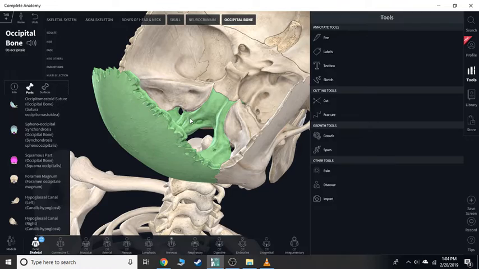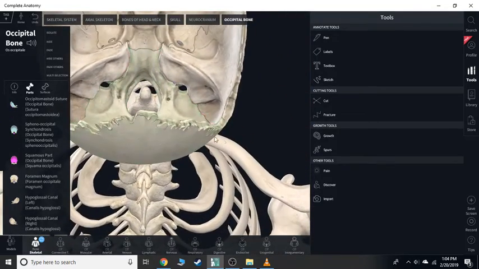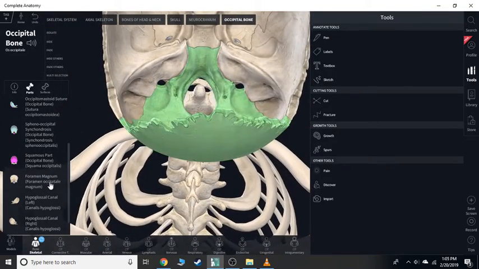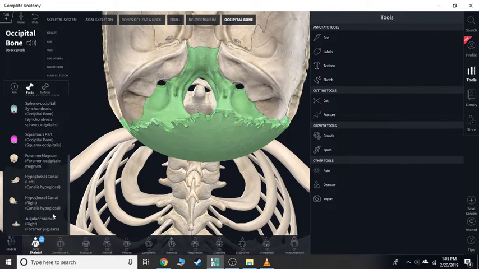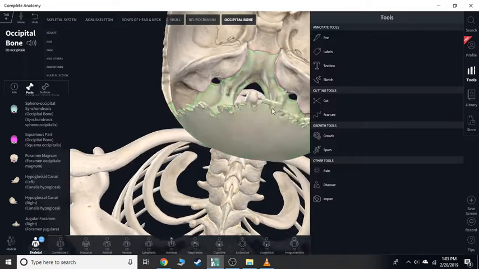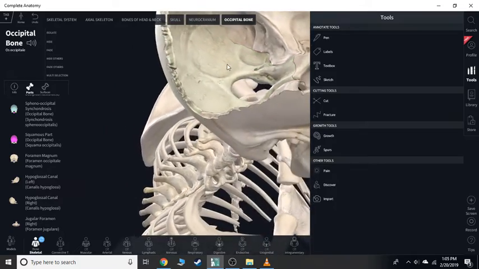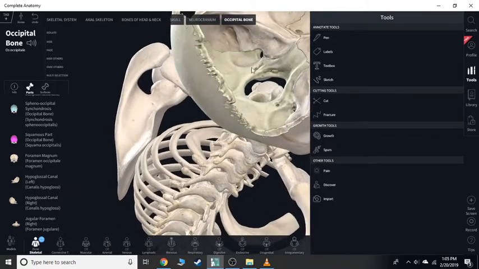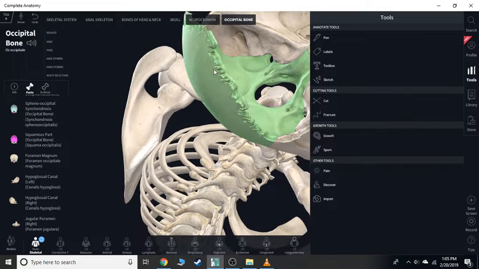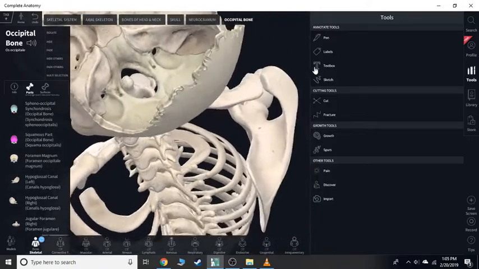I believe there's a nerve that goes through there. The jugular foramen, right here. You see, there's a good 4 foramen canals that run on either side.